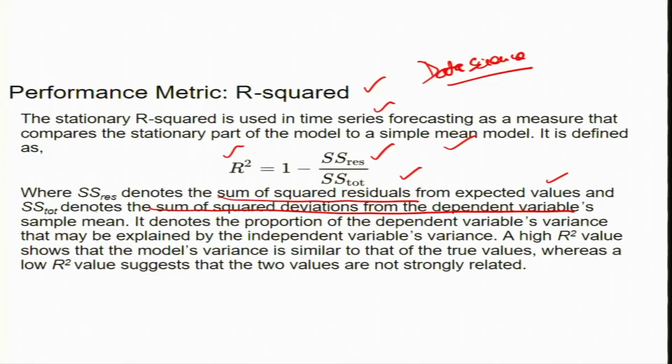It denotes the proportion of the dependent variable's variance. A high R squared value shows the model's variance is similar to the true values, whereas a low R squared value suggests the two are not strongly related.